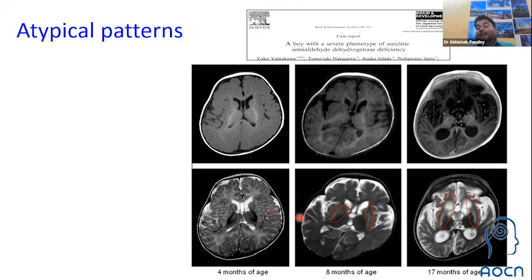On subsequent imaging at 8 months of age, there was putamen involvement. When it was repeated after 1 year, there was diffuse atrophy of the caudate nucleus, high signal changes in the putamen, and diffuse cerebral atrophy.